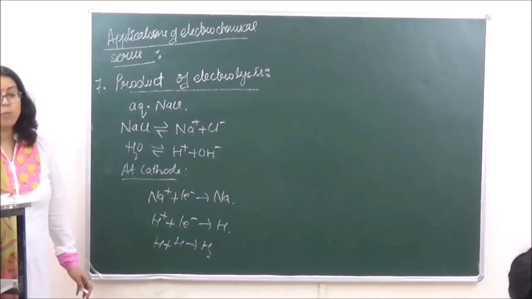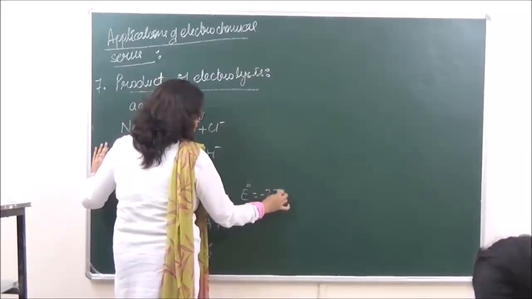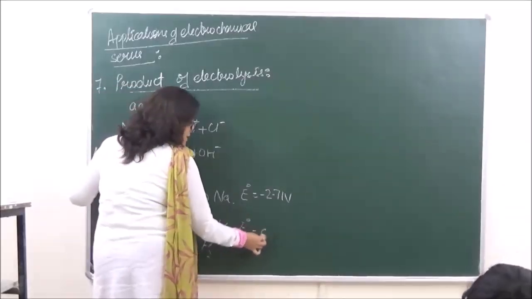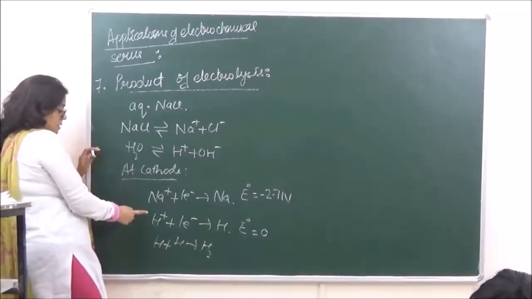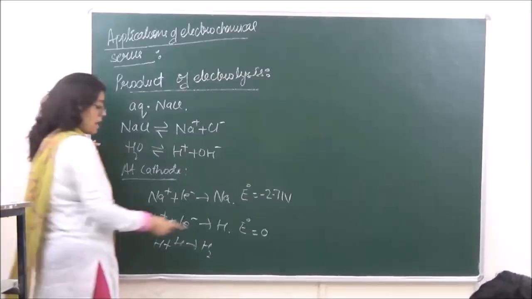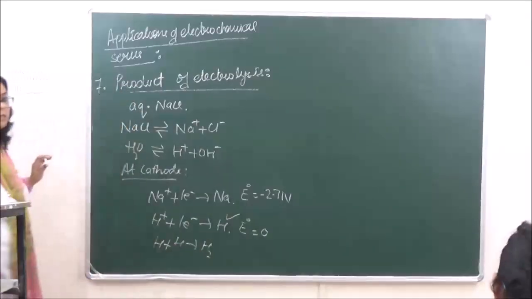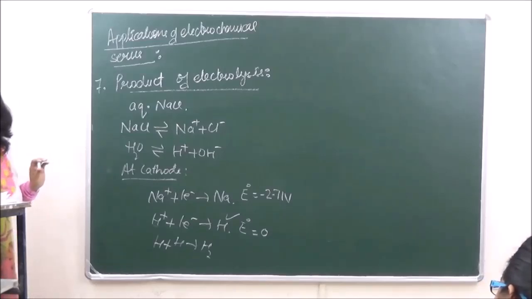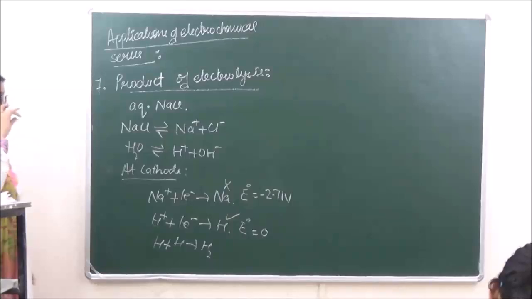The E naught value for sodium is minus 2.71 volts, whereas the E naught value for hydrogen is 0. The element which has the higher value of reduction potential is going to be discharged. So in this reaction, sodium is not going to be deposited at the cathode.